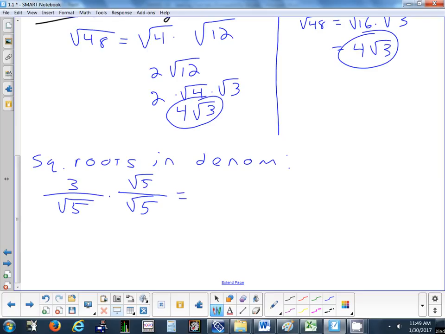And Jocelyn, what does that give me in the top? You don't have to do a decimal or anything. Yeah, just leave it as 3 square roots of 5. And then in the bottom, the square root of 5 times the square root of 5, that's the square root of 25, or 5.